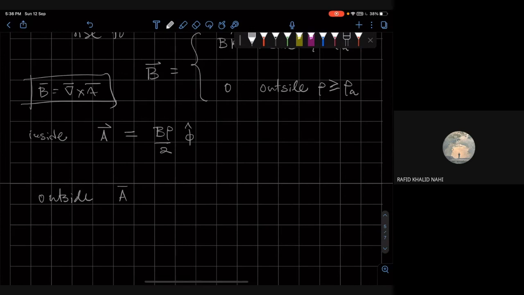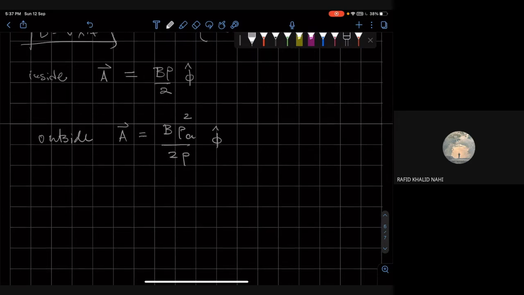Outside, now the gauge potential should be continuous. So it should match on the walls. So outside it's rho B rho A squared divided by 2 rho phi hat. Okay?